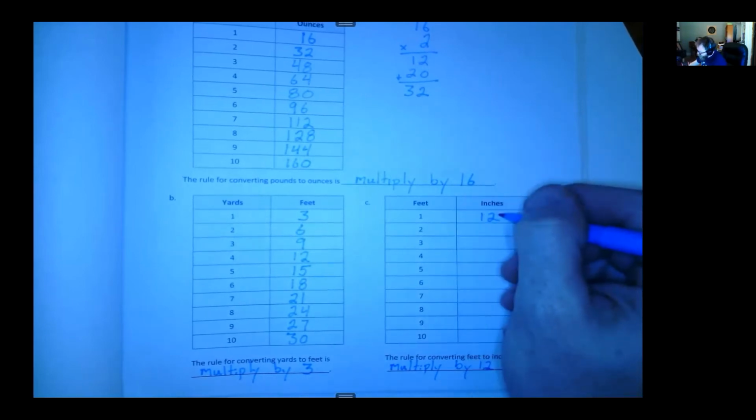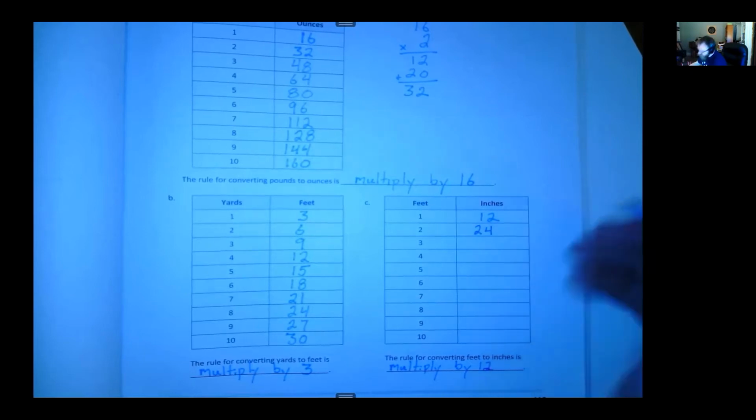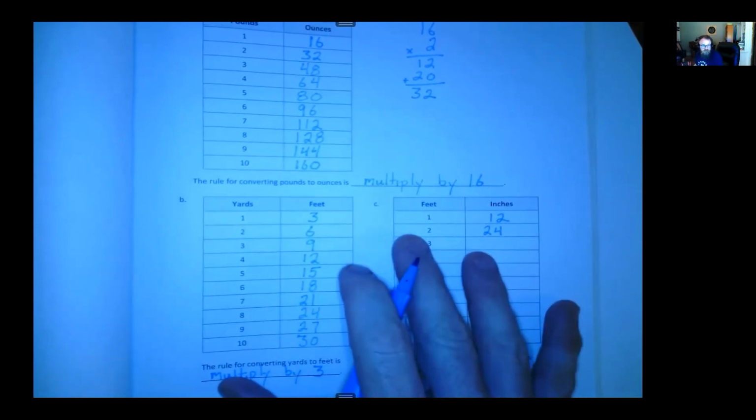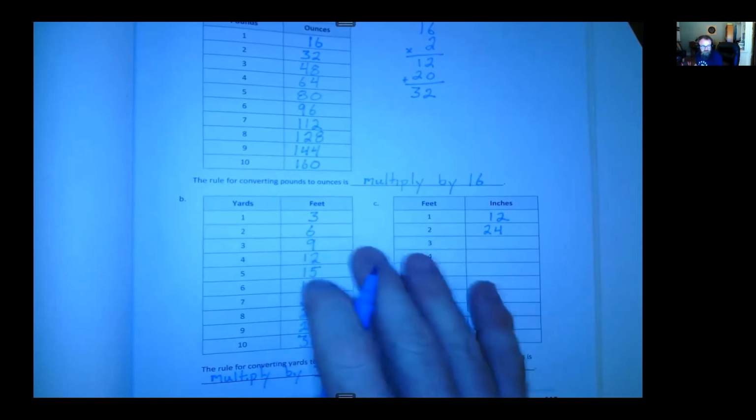One times 12 is 12. 2 times 12 is 24. And again, we're adding 12 each time. Follow those rules all the way down to fill in your chart. And then we'll have 3 charts that we can use to convert units of measurement to different similar units. Units of length here at the bottom and units of weight at the top.